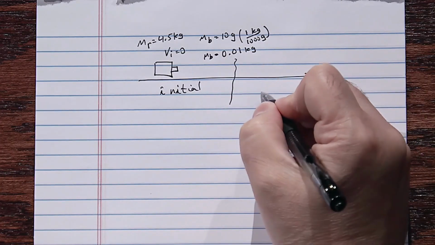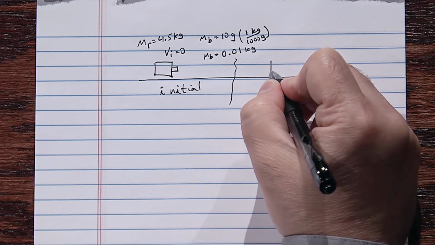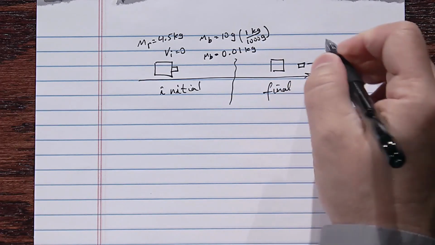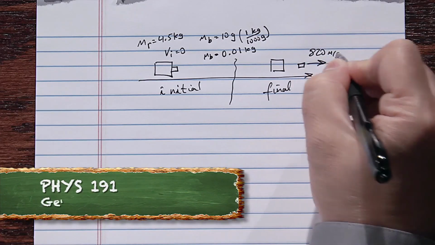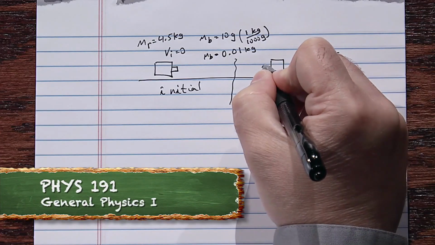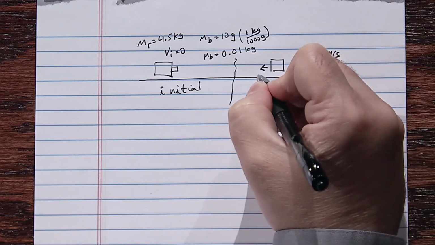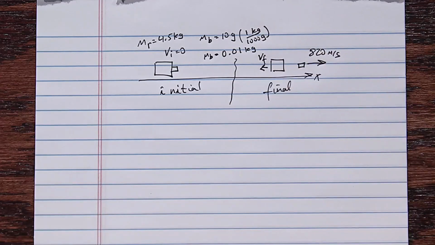And our final situation is that we have the bullet moving with a speed of 820 meters per second, and presumably we have the rifle recoiling in the negative x direction with some V final. And the question is, what is V final?